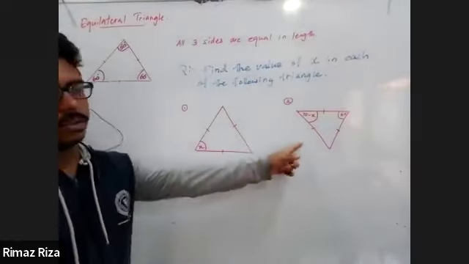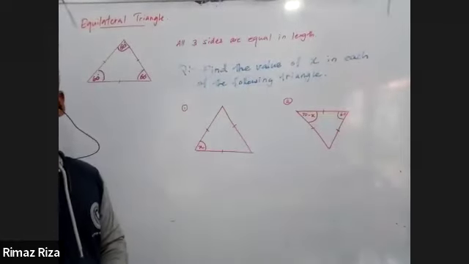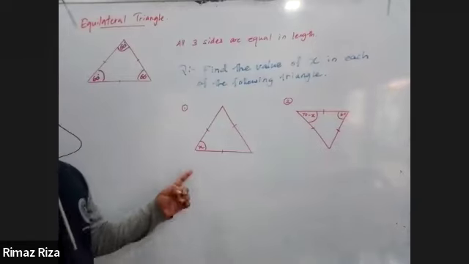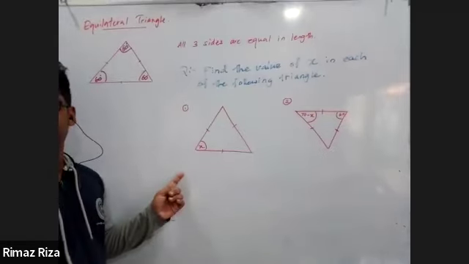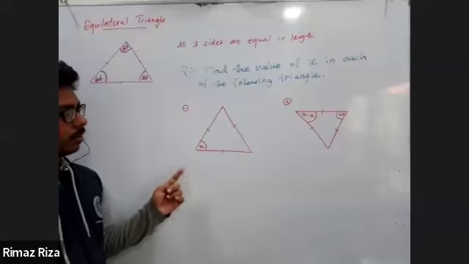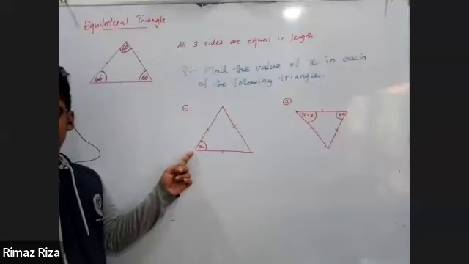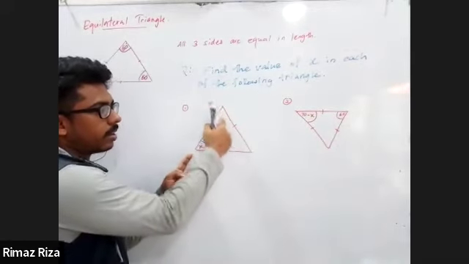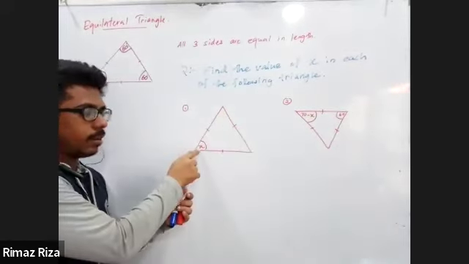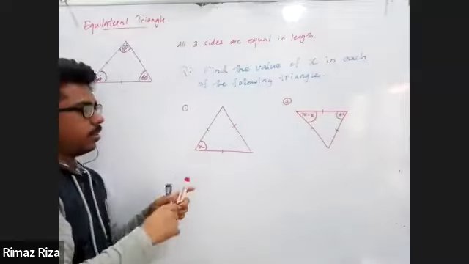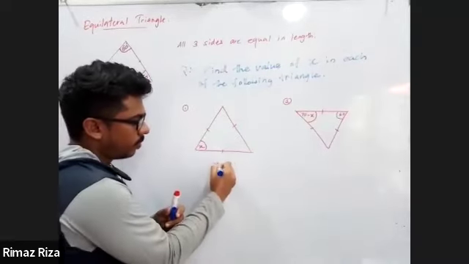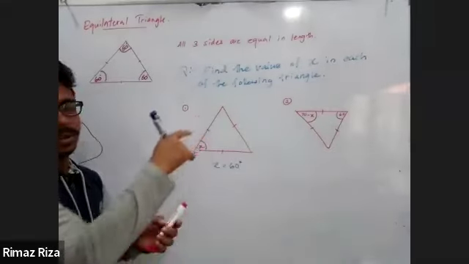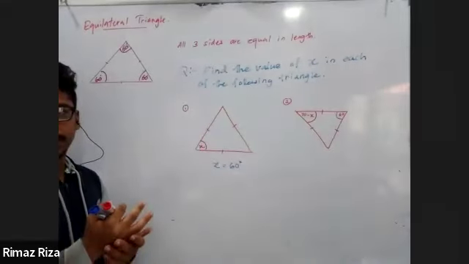Okay, you have to find the value of x in each of these triangles. What is the value of x here? Ibrahim? Yeah, 60, because it's an equilateral triangle and all these angles are 60. So x equals 60. Then find the answer for the second one.